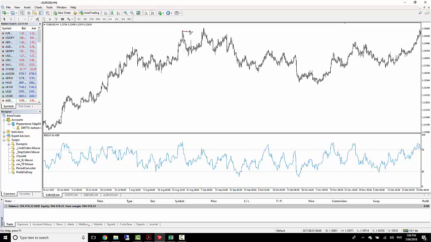In price, we've made a higher high. In this uptrend, we only look for higher highs. Relative to the previous highest high, is the indicator across the tops making a lower high? Is that true?